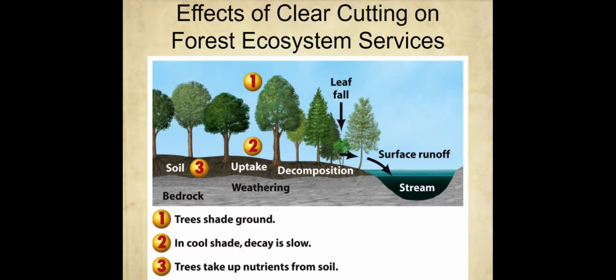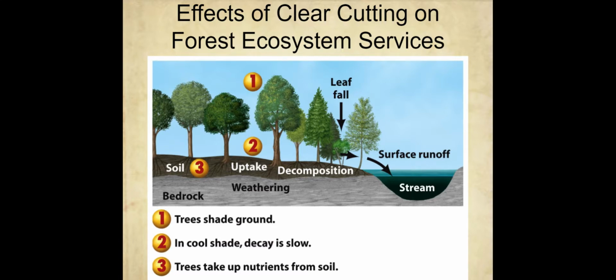Okay, clear cutting has huge effects on ecosystems. So in a nice forest ecosystem service, trees shade the ground. In the cool shade, the decay is slow, so you get those nutrients that go into the ground and fertilize the soil with that decomposition, and those trees get to uptake all of these amazing nutrients.